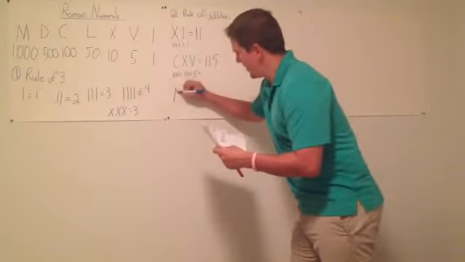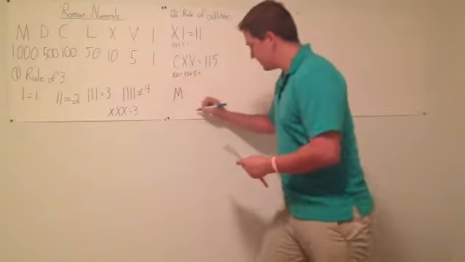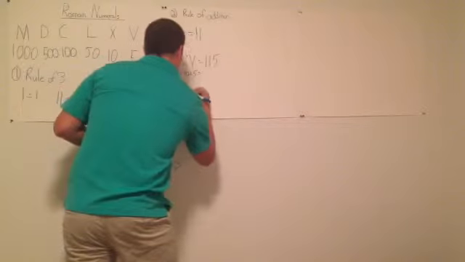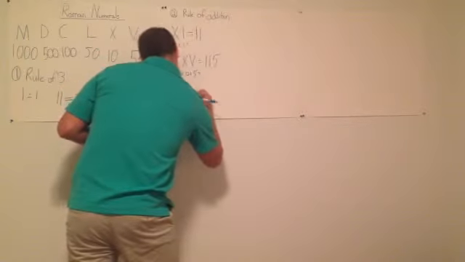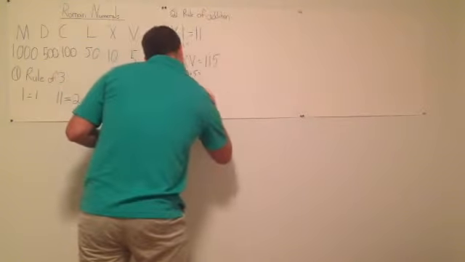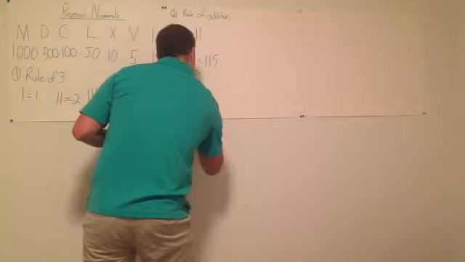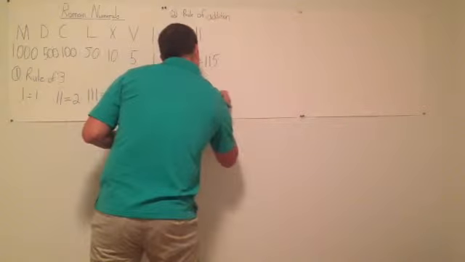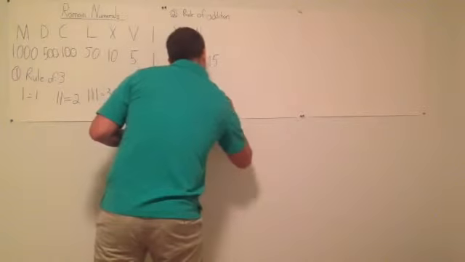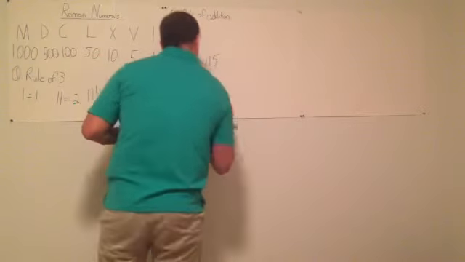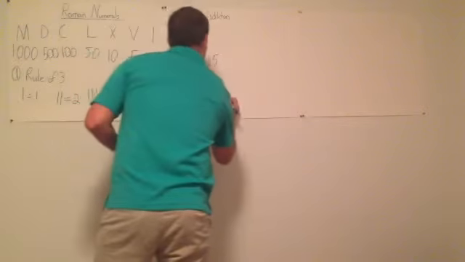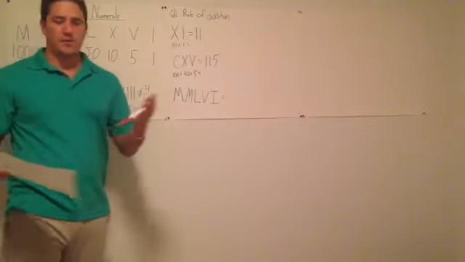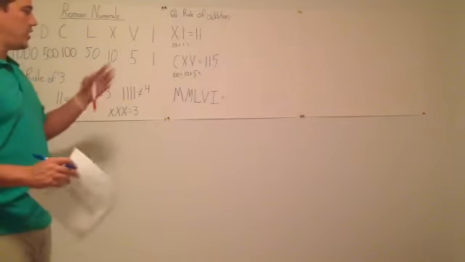If you had M, M, L, V, I, what number would that be? I'm going to give y'all about 10 seconds to try to figure it out by yourself, and then I'll go over that.